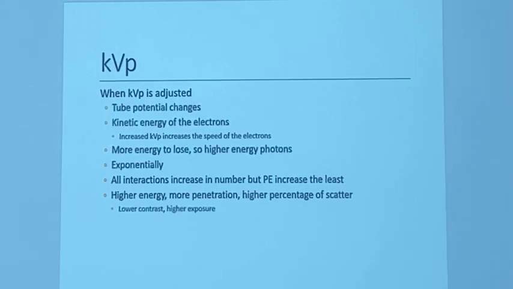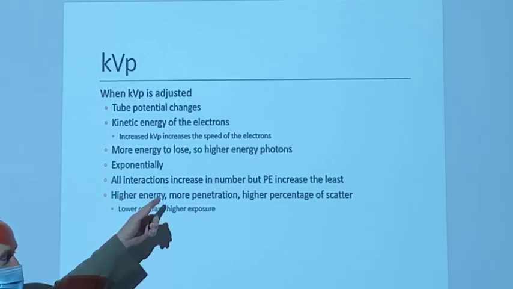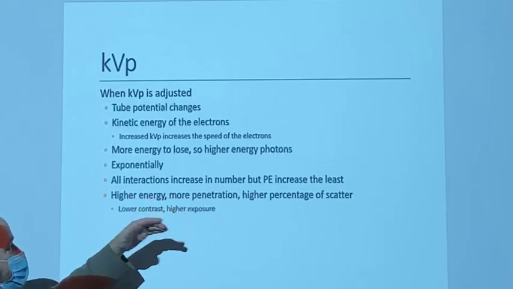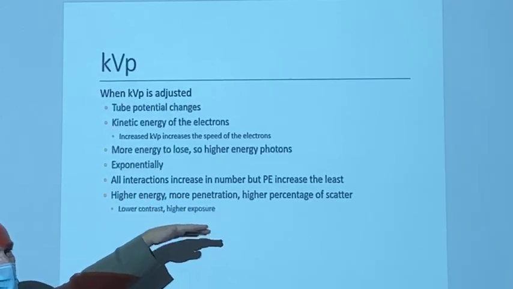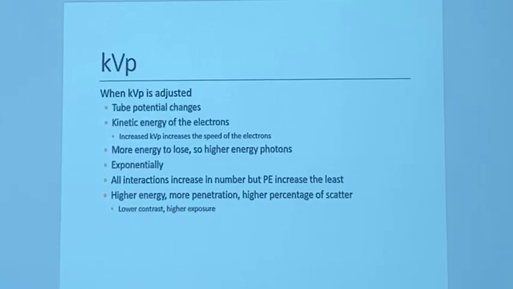So it's an exponential relationship to numbers. All interactions increase in numbers, but PE increases the least, and I think I just said that exactly backwards a minute ago. So as kVp increases, because we get such an increase in X-ray photon numbers, we get an increase in numbers, but PE increases less than scatter radiation does.